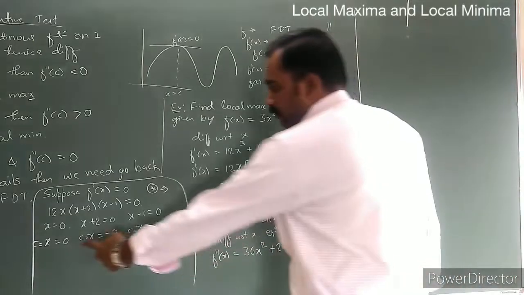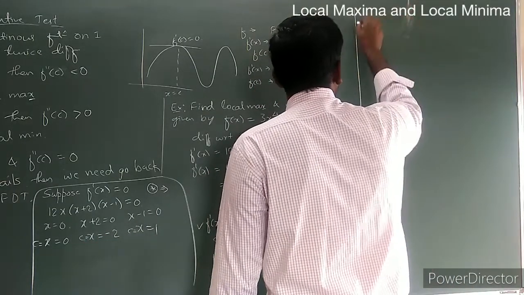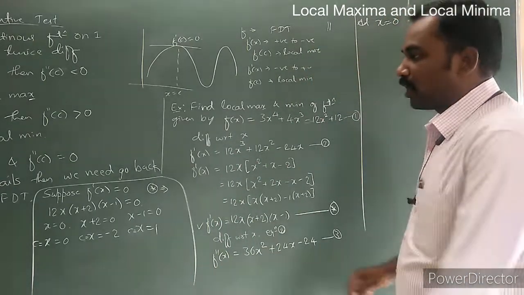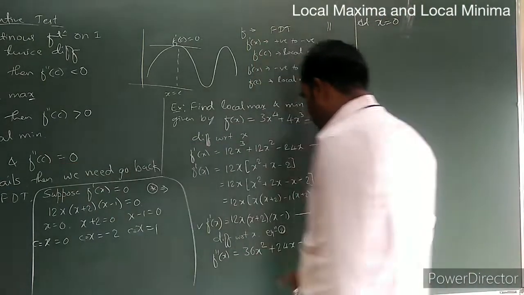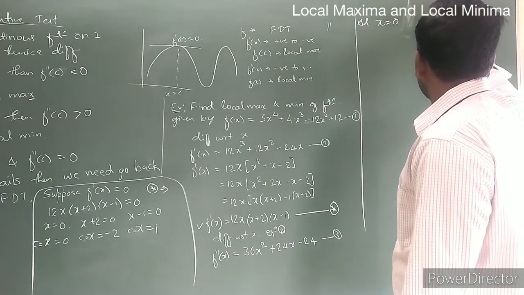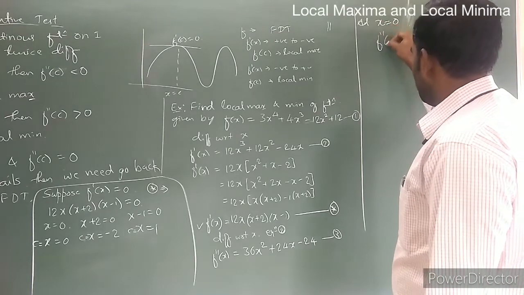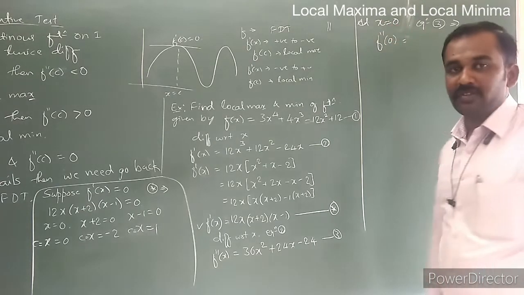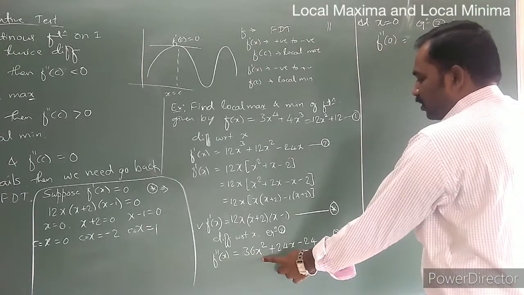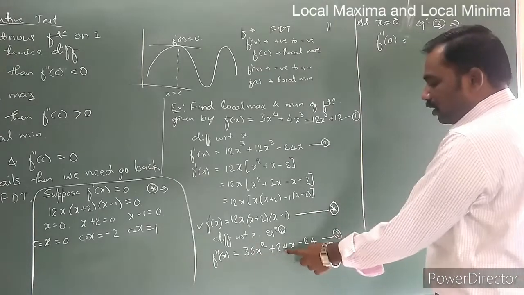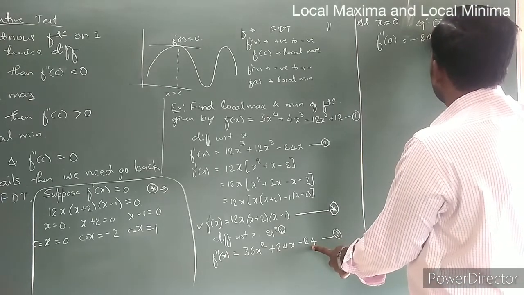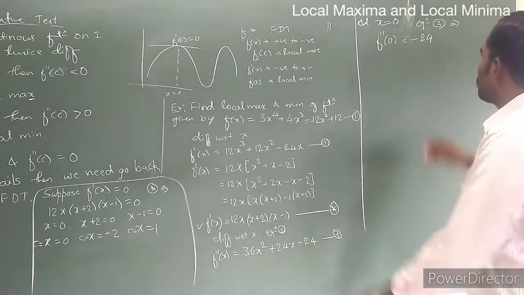First of all, at x is equal to 0. What about the f double dash of c? F double dash of c is nothing but equation number 3. Is f double dash of 0 positive or negative? That's the only thing we need. F double dash of 0 is 36 into 0 plus 24 into 0 minus 24, which is minus 24.